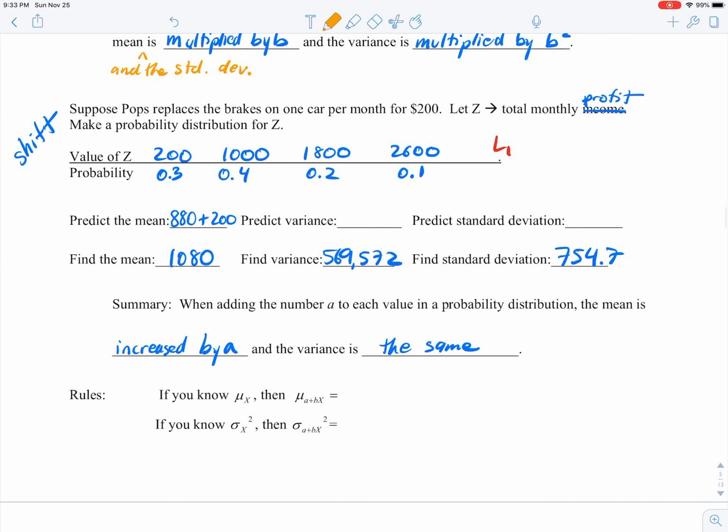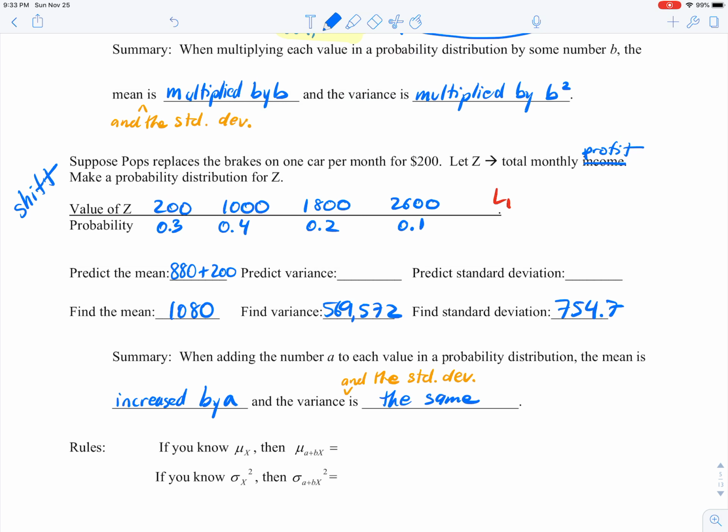But down here, when the mean is increased by a, the variance is the same, and so is the standard deviation. So it acts a little differently.